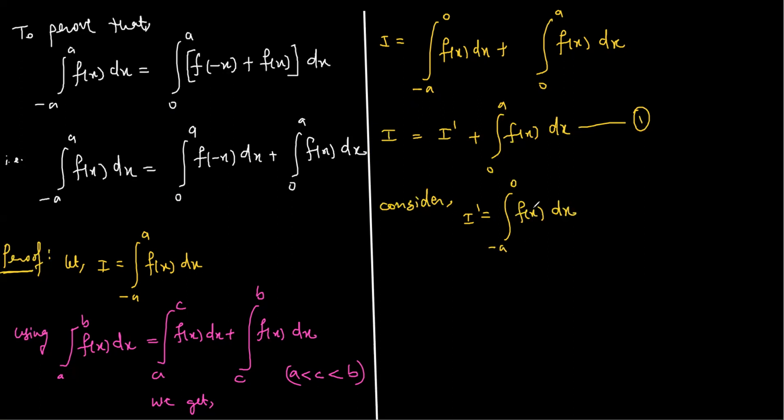Now here I start with the trick which I always tell you. What is my task? See, here you have x and you want it to be f of minus x, that is, in place of x you want minus x.